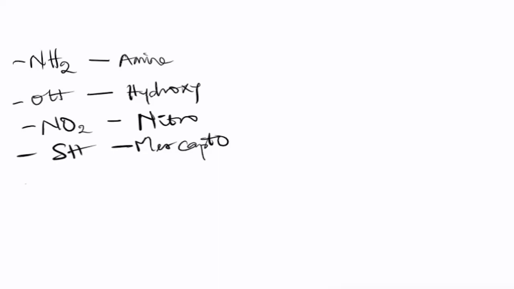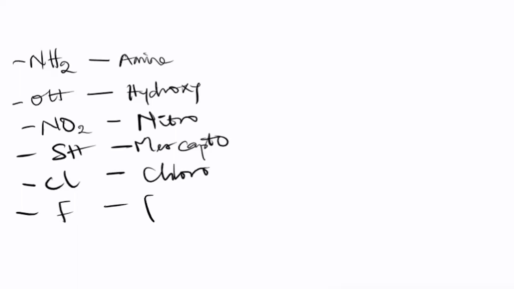The substituent Cl will be named as chloro. The substituent F will be named as fluoro. The substituent Br will be named as bromo.